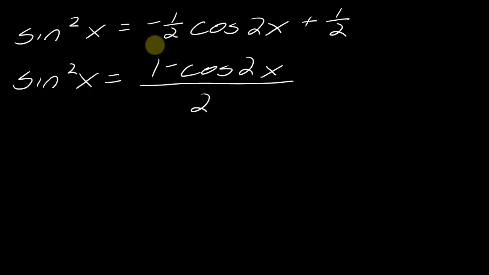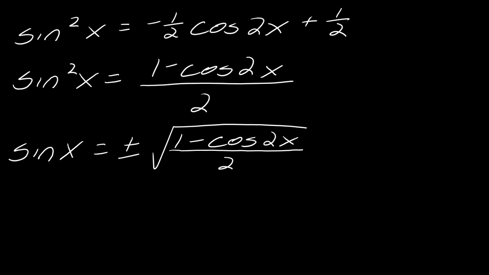So I've got sine squared x equals this. And then you know how to finish solving this, right? We're trying to solve for sine x, so I can just take the square root, and remember this is plus or minus because of the square root property, so it's always going to be plus or minus. So you get this.